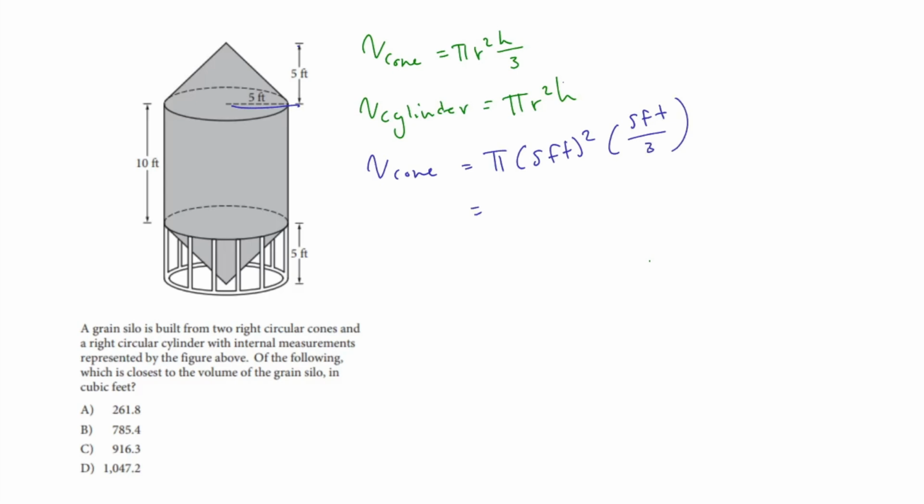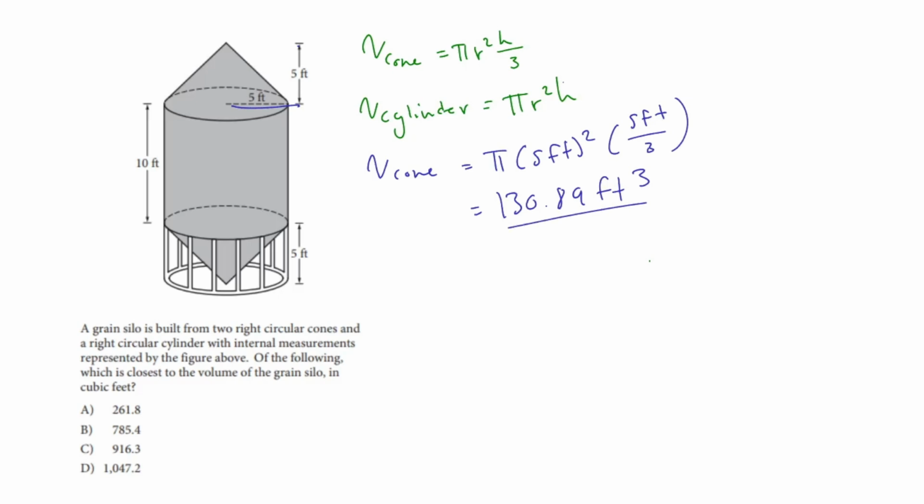Now if we do our calculations here, we can figure out our value. So it would be pi multiplied by 25 multiplied by 5 over 3. And this gives us an answer of 130.89 cubic feet.